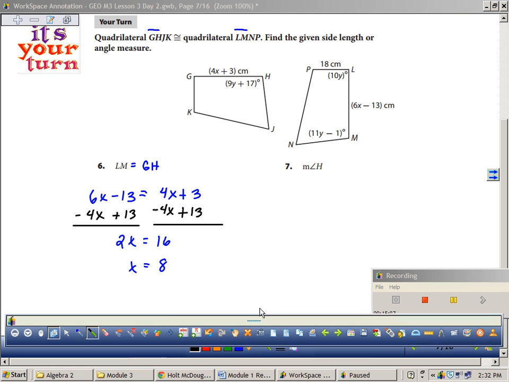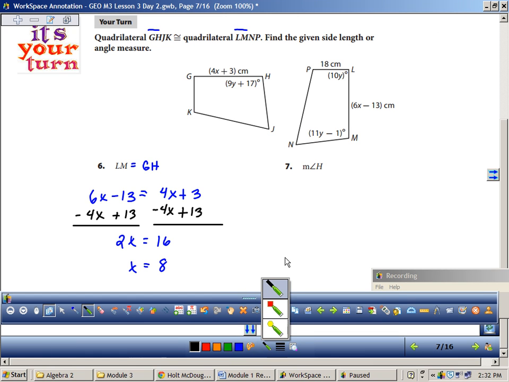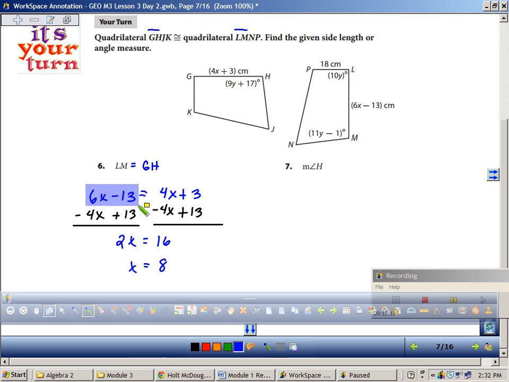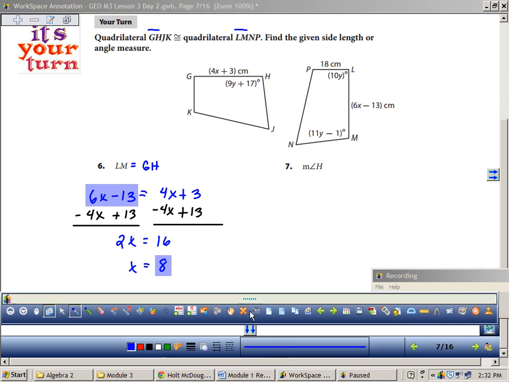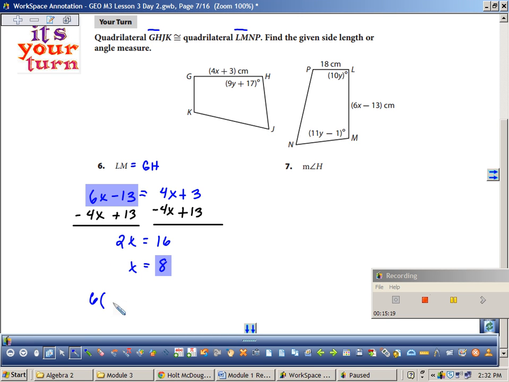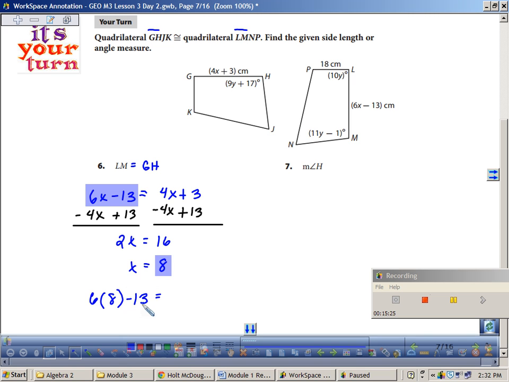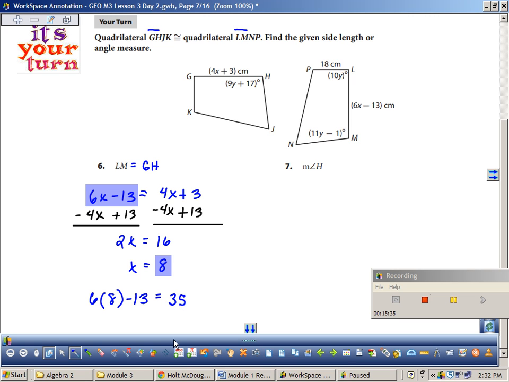Well, I know LM is 6x minus 13, and I know what x is, 8. So I just need to substitute x for 8. What is 48 minus 13? What's 48 minus 10? 38 minus 3? 35.